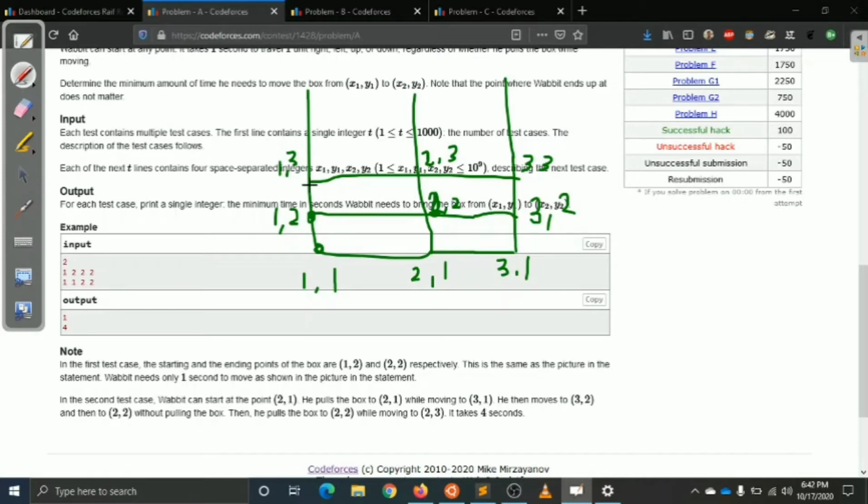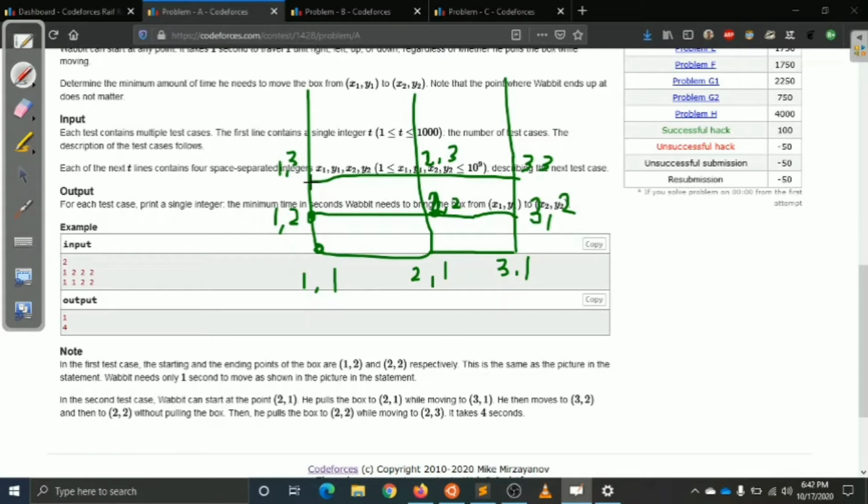So what we are going to do is, if the box reaches 2 comma 1 and we are one step ahead at 3 comma 1, then we take a step to 3 comma 2, then go to 2 comma 2. Now the answer will be y2 minus y1.